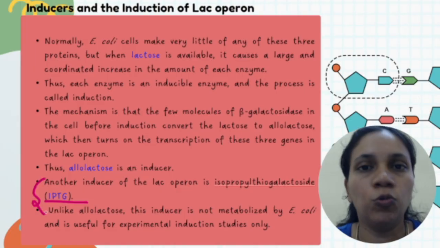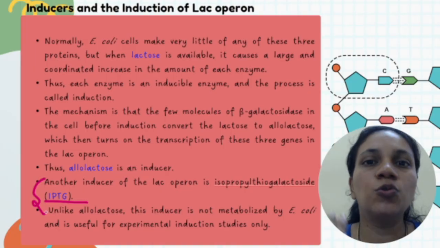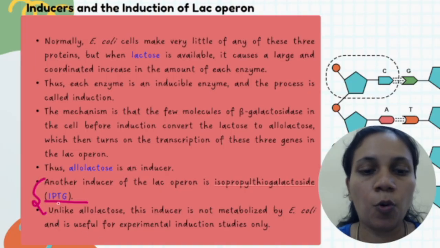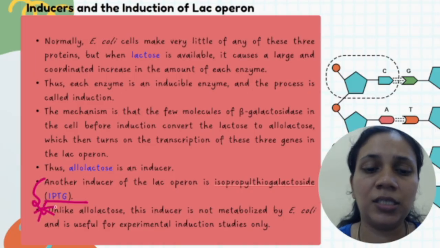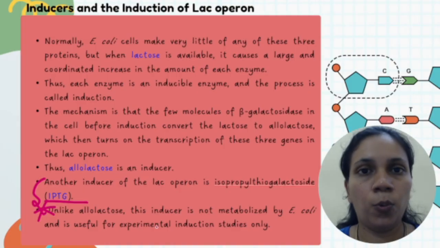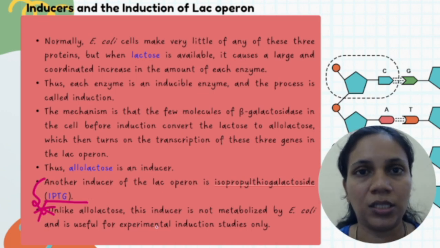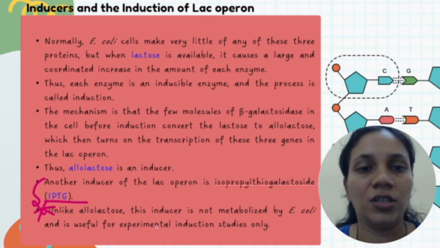It is not used up by the cell, whereas lactose is used up by the cell. That makes it very suitable for experimental studies wherein we are not interested in studying the metabolism process, but rather in seeing how it works.